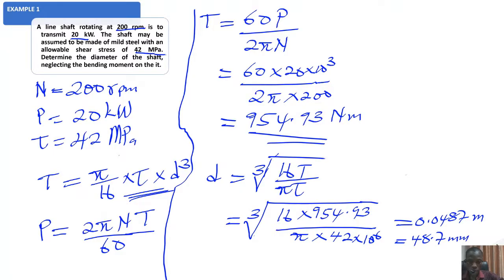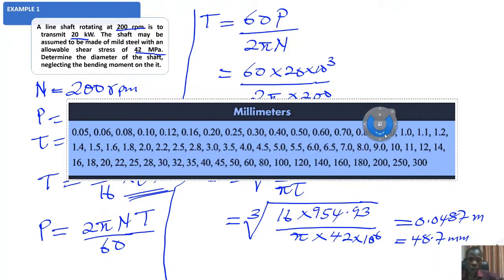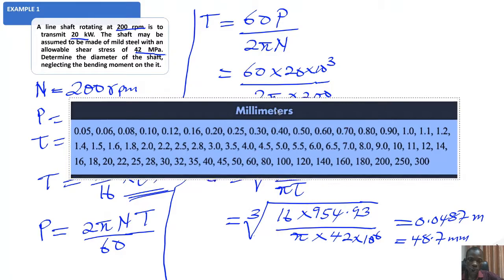When we go to that table, we have to select the size that is standard, and make sure that size is not smaller than the size we calculated. If it is smaller, the shaft may fail.